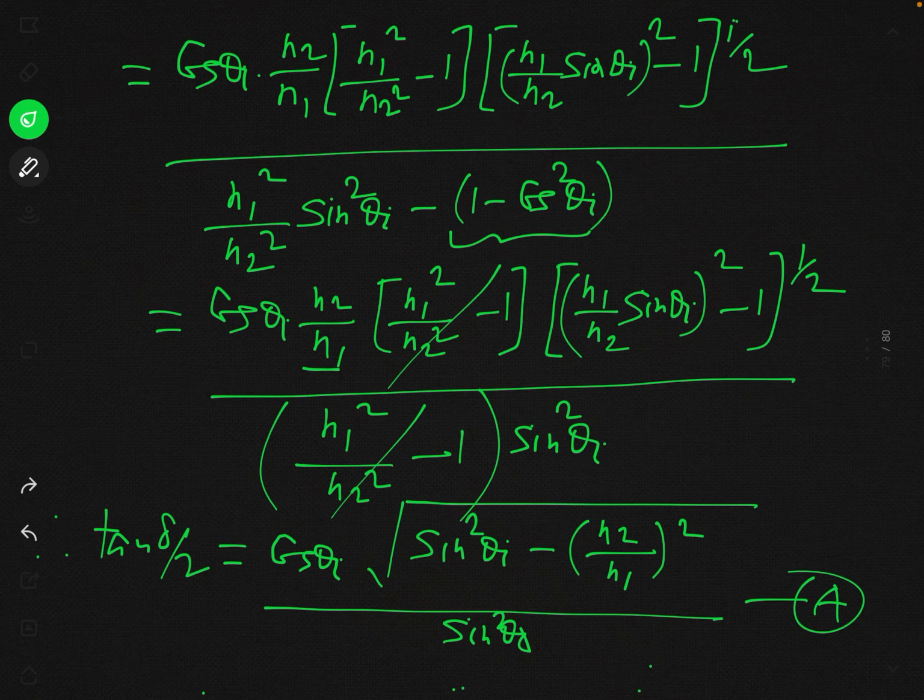Therefore, any desired type of elliptically polarized radiation can be produced by the method of total internal reflection.